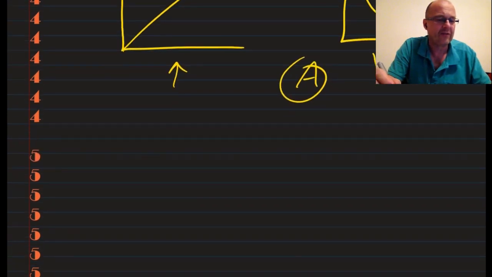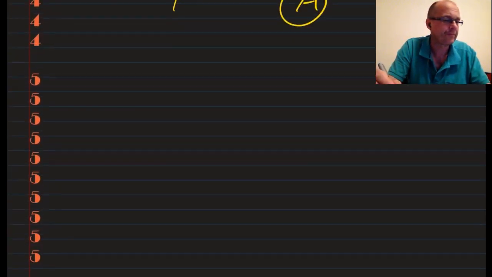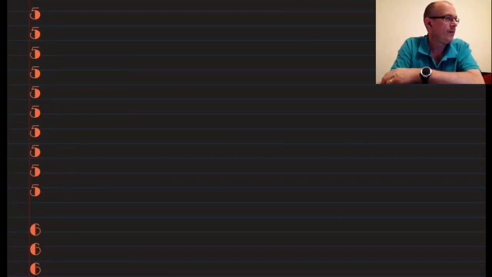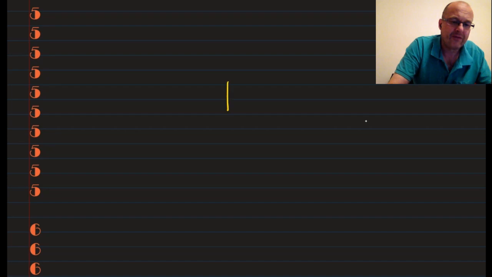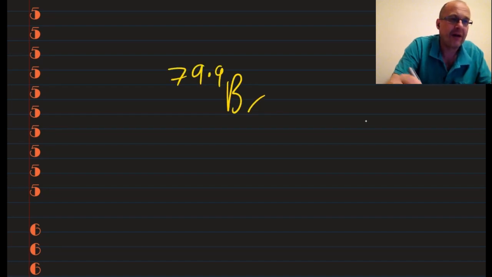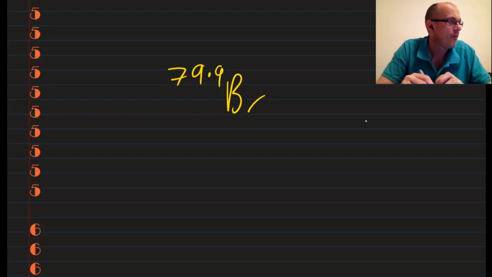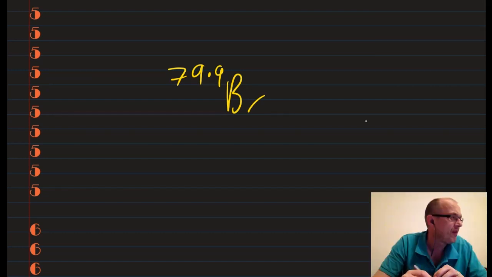5, some isotopes. 1-to-1 ratio. So I've got bromine 79.9. It's a 1-to-1 ratio. What are the stable isotopes?